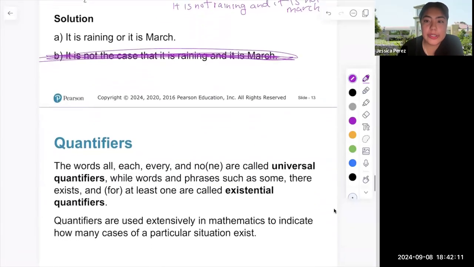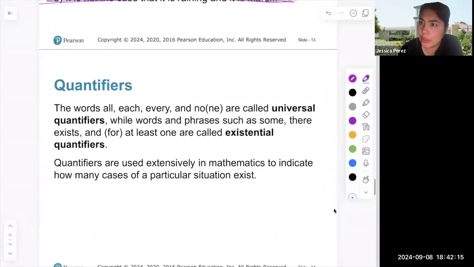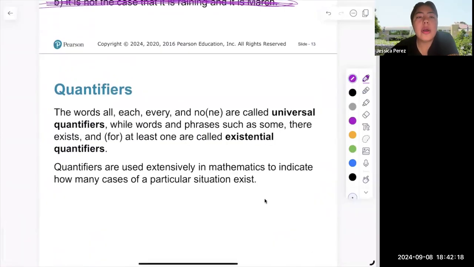Now the quantifiers, and I think there are a few more slides to go. What are quantifiers? Quantifiers are words that represent all, each, every, and no, which are called universal quantifiers.